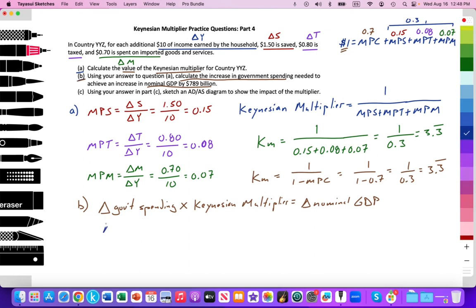We don't know what the change in government spending is going to be, but we do know the Keynesian multiplier value times 3.3 repeating. On the cover sheet of a paper 3 exam, you are usually asked to provide a value up to the second decimal, so I'll just put 3.33 equal to the change in nominal GDP, which is $789 billion.